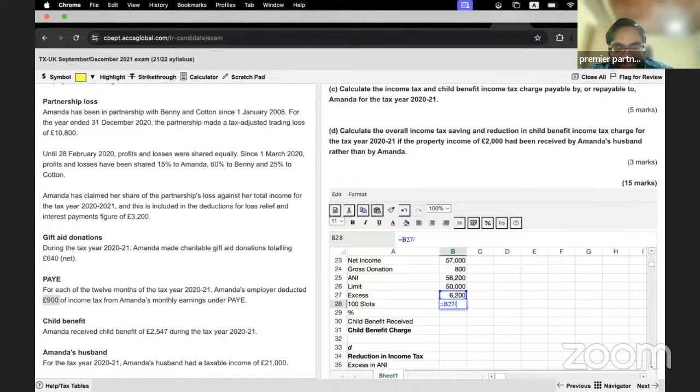So I divide this by 100, so we have 6,200 pound slots. That means the percentage is going to be 62%. The child benefit received is 2,547. As a result, the charge would be 1,579. Are we okay with that? Any questions?